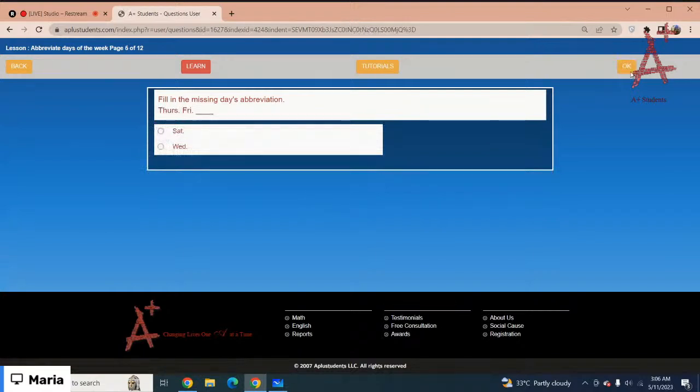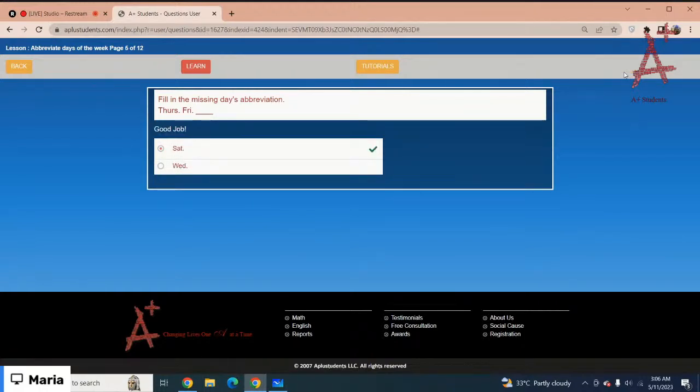Fill in the missing day's abbreviation. Thursday, Friday. Which is the day after Friday? Yes, after Friday it would be Saturday. SAT is the correct option.